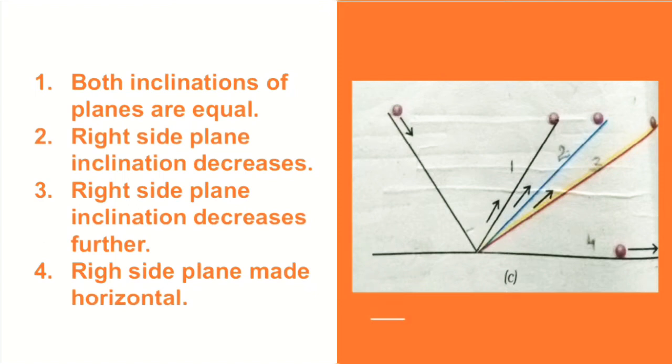In the last one, that is case 4, if the right side plane were made horizontal, that is, the slope is reduced to 0, then the marble would continue to travel forever trying to reach the same height that it was released from.